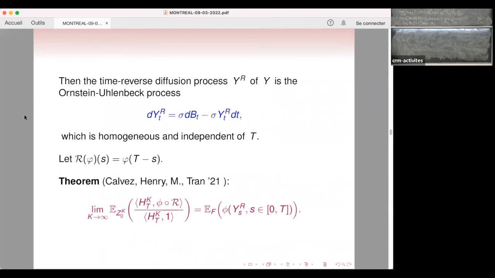So I'm finished. Tomorrow, before beginning another chapter completely different, I will give you some ideas of extension, because here it seems to be a miracle, due to the fact that we consider drifted Brownian motion, because we have explicit computations. We observe that this process is homogeneous, so independent of t, so you can make t tend to infinity.